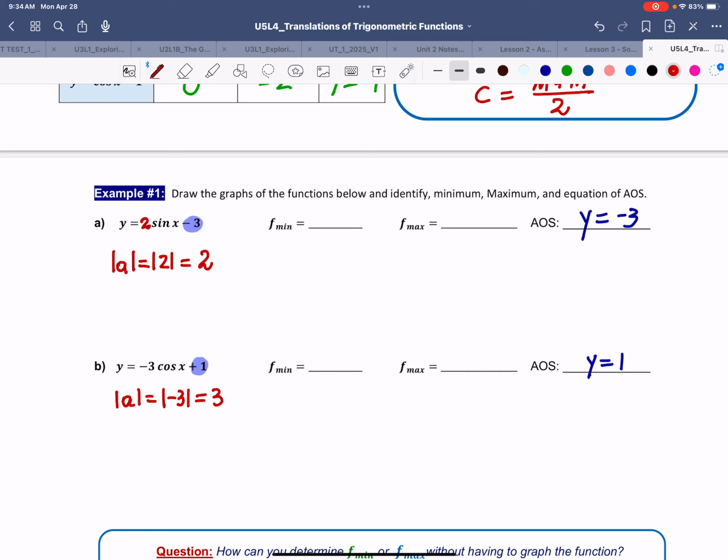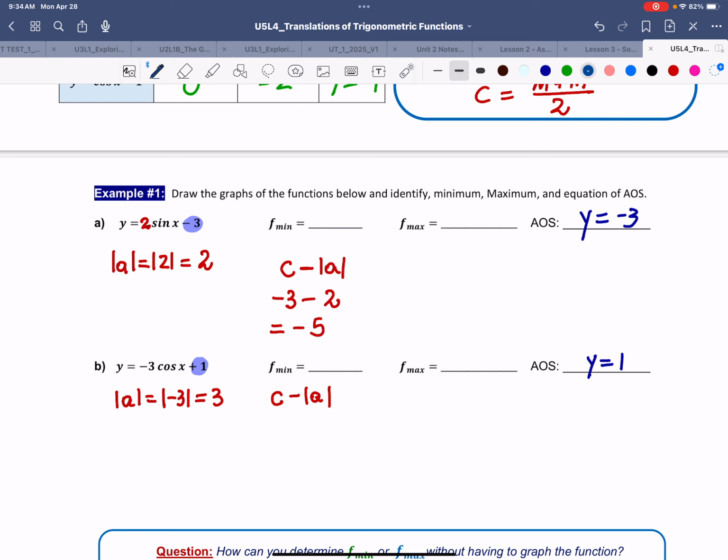So whenever we find the minimum value of a function, we go from the axis of symmetry and we subtract the amplitude. So what that means is that in our case, axis of symmetry at -3, subtract the amplitude, which is +2, will give us a minimum of -5.